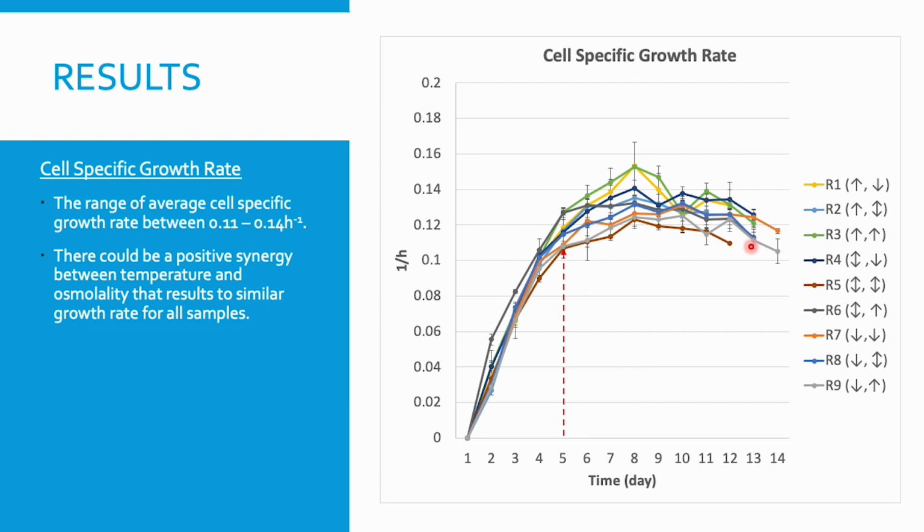At 34 degrees, the cell growth rate has a similar pattern to the culture run at 36.5, only at midpoint osmolality level, where the cell growth rate is on the lower range. Nevertheless, the difference could be considered low, which could indicate that there is a positive synergy between temperature and osmolality.